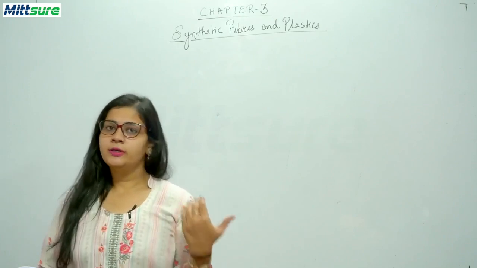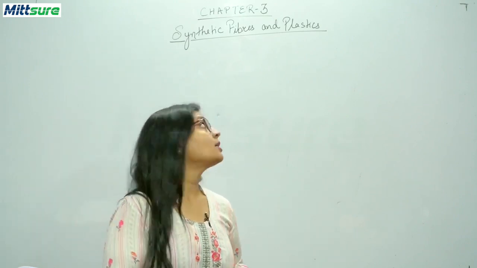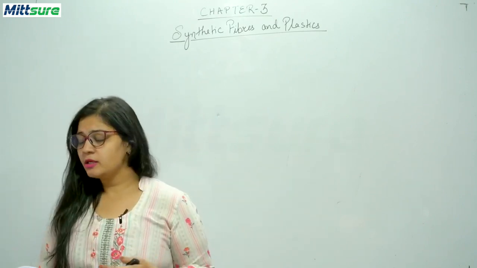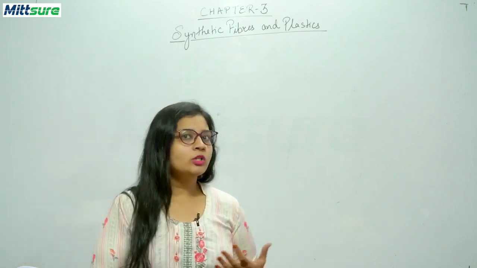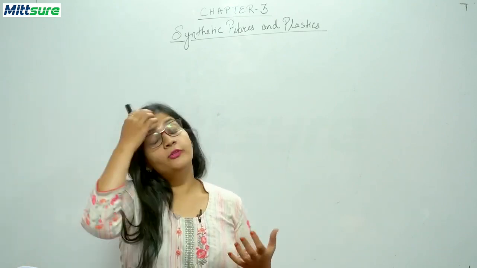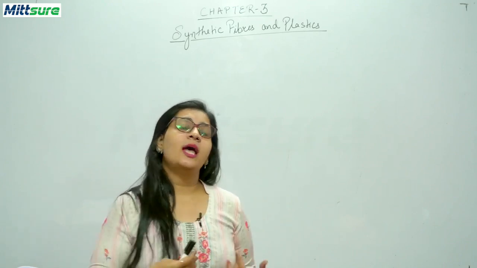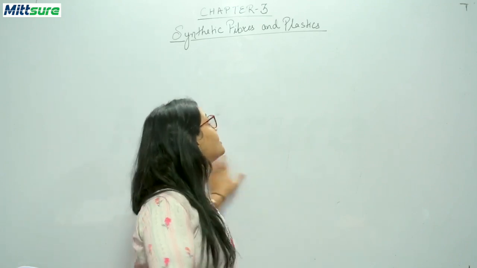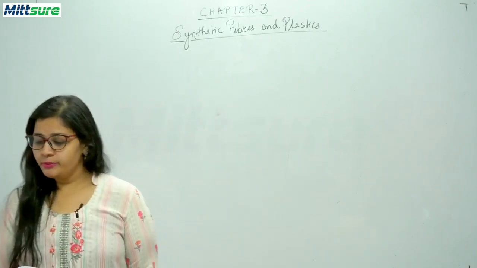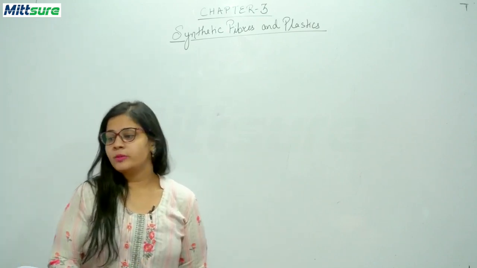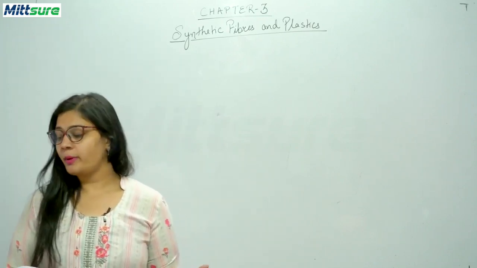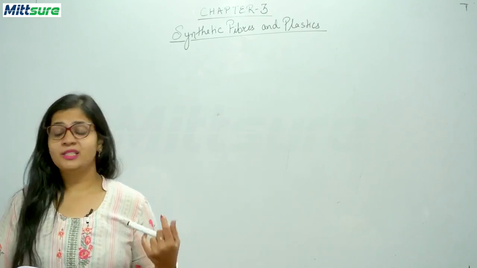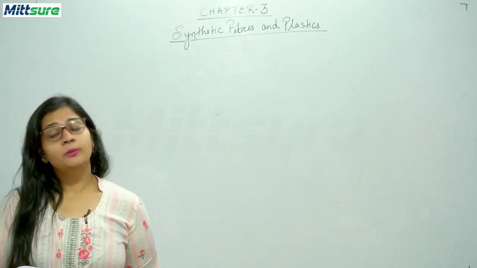And you know, in the previous classes we have discussed natural fibers, that is your cotton, wool, jute. We have discussed this, and in this class we'll be discussing the synthetic fibers. So we'll be discussing the polymers, which are higher molecular mass compounds, that is poly means many and mer means molecules.